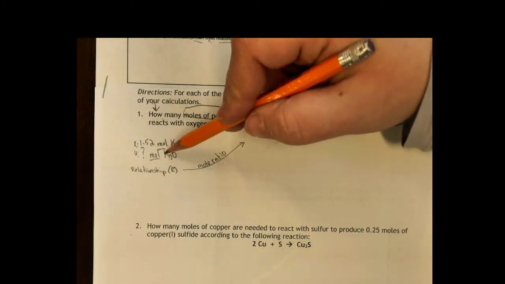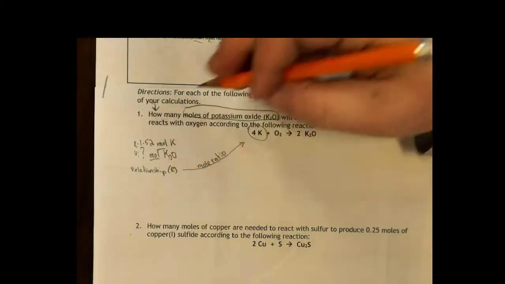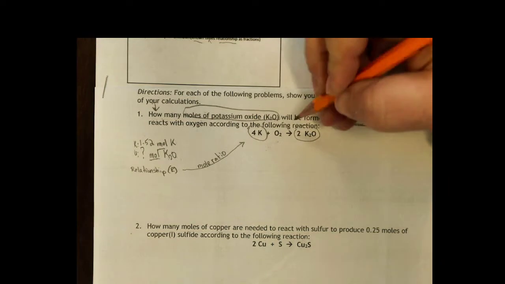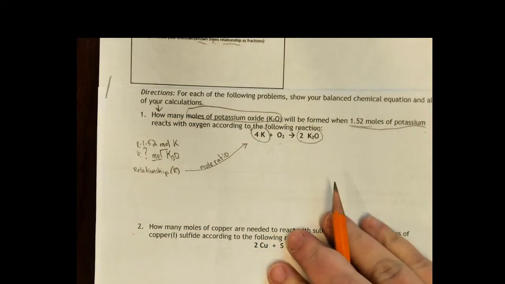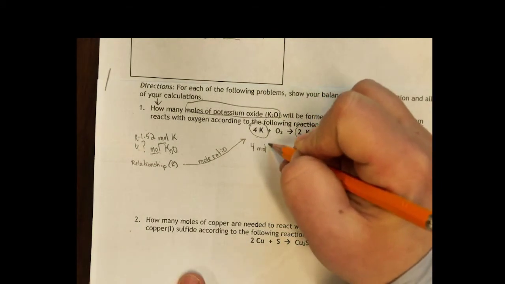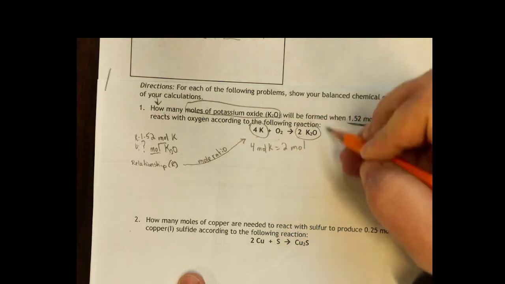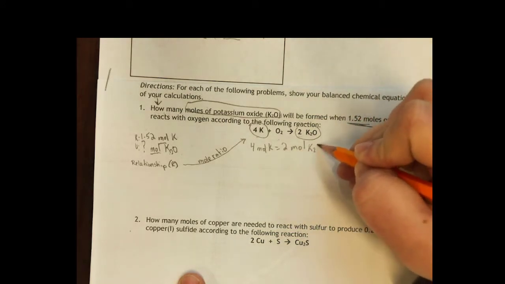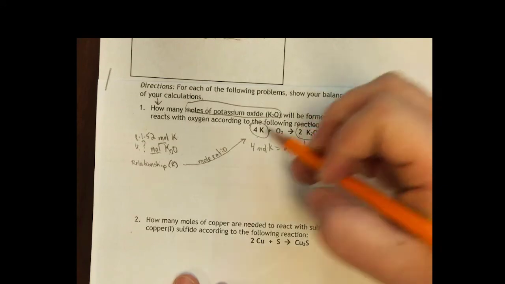In this case, we're going from K, so we're going to circle the stuff with K, to K2O. Essentially, this is saying for every 4 moles of K, you have 2 moles of K2O. And we'll turn that into a fraction when we get to step 3, our calculation.